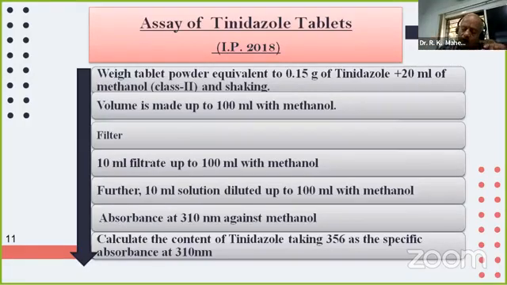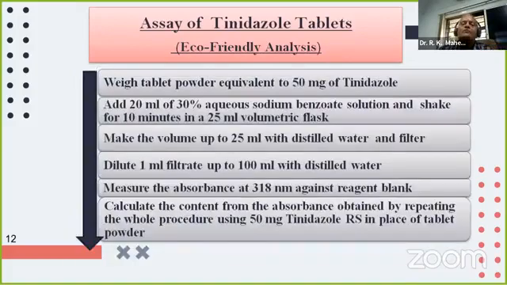Now I am replacing this method by a hydrotropic method. In the hydrotropic method, what do we do? Weigh tablet powder equivalent to 50 milligram of tinidazole, add 20 ml of 30% weight by volume aqueous sodium benzoate solution, and shaking is done for 10 minutes in a 25 ml volumetric flask.